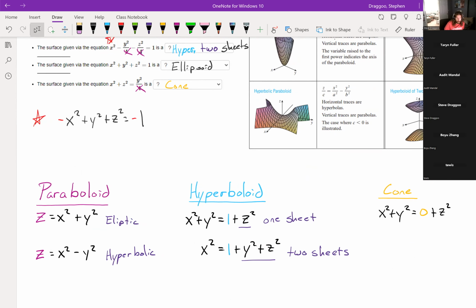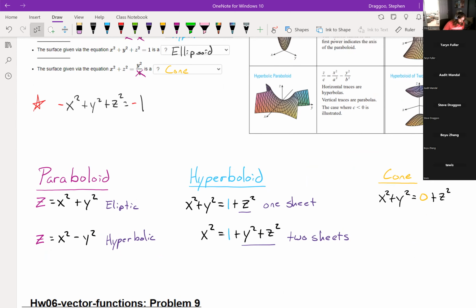Another way to potentially think about the paraboloids, the hyperboloids, and the cones, I've got down here. This one instead organizes it so that all terms are positive, or at least as many terms are positive as we can get.